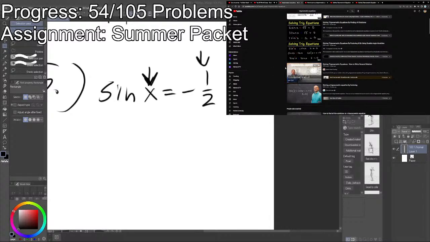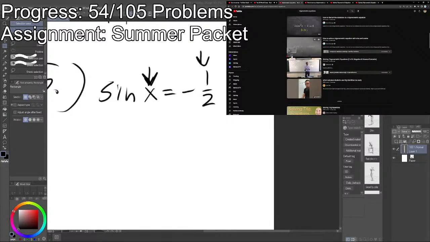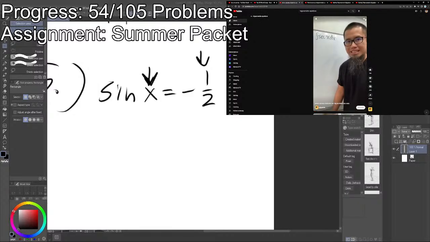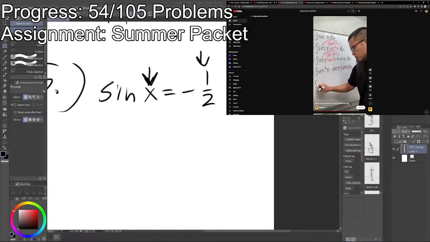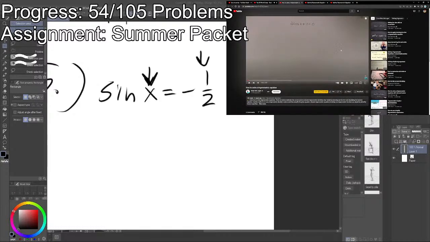General solution. I don't think the general solution is what I need.